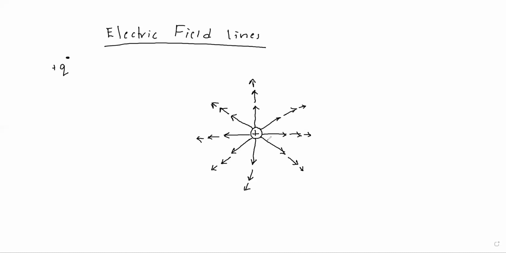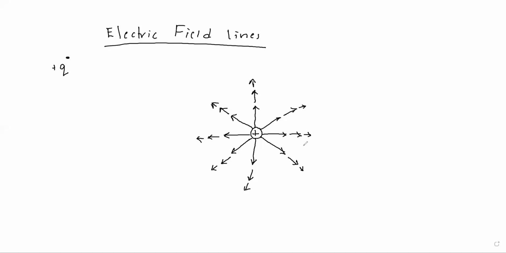So what did we understand from this diagram? Near the electric charge, the strength of the electric field is more, or we'll say it is strong.